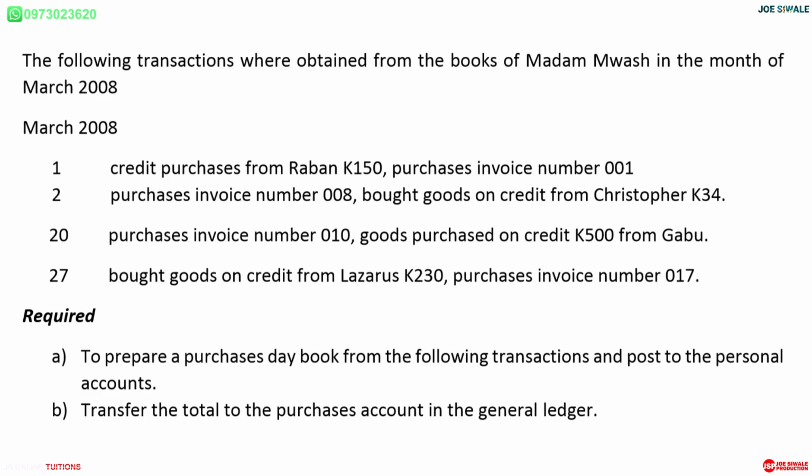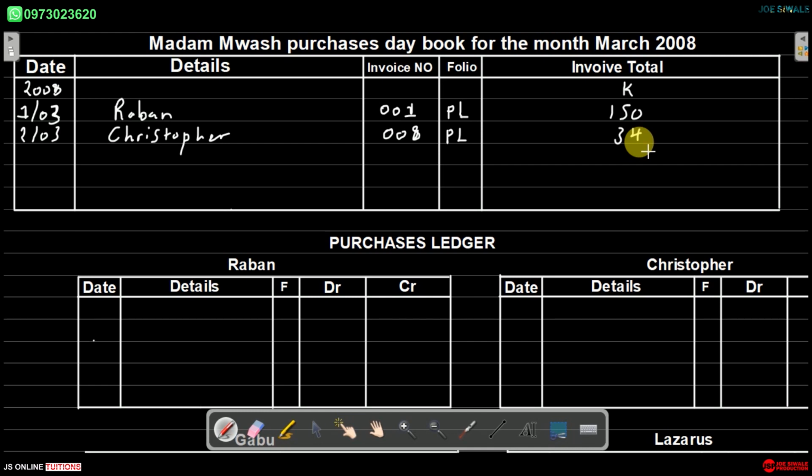Then on the 20th of March, purchases invoice number 010, goods purchased on credit amounting to 500 kwacha from Gabo. So we'll say 20th of March, we'll say Gabo. Then the invoice number there is 010. We'll say our PL there, the amount is 500 kwacha.